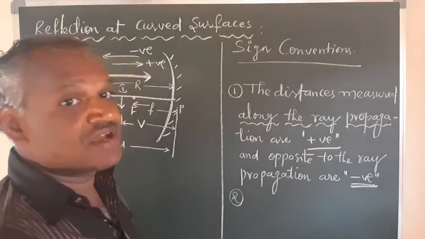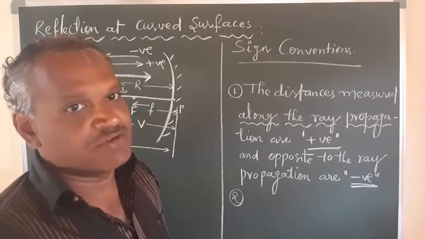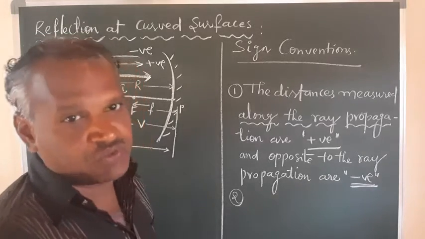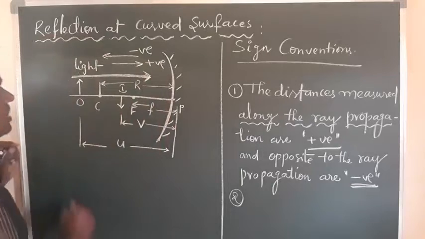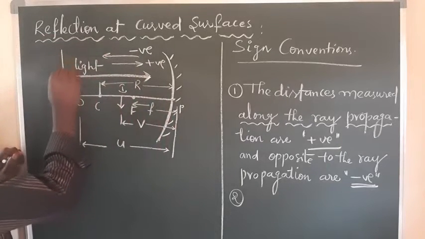So in that case, how can we take the sign conventions, whether they are positive or negative? This is the ray propagation.